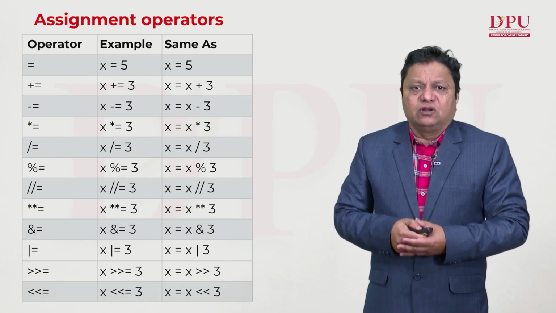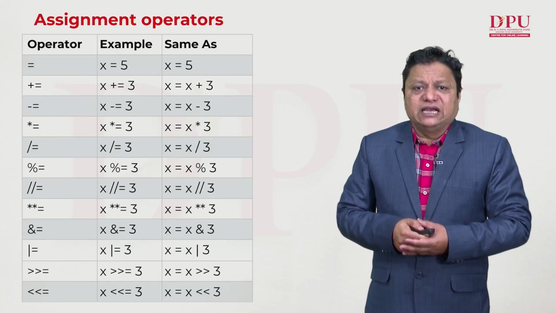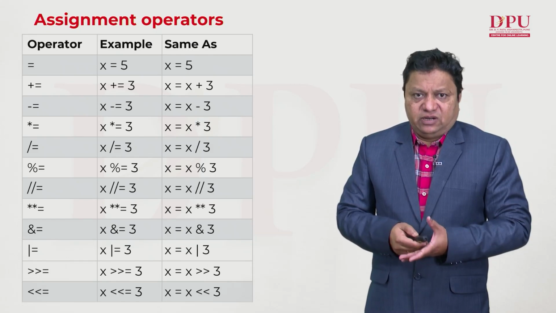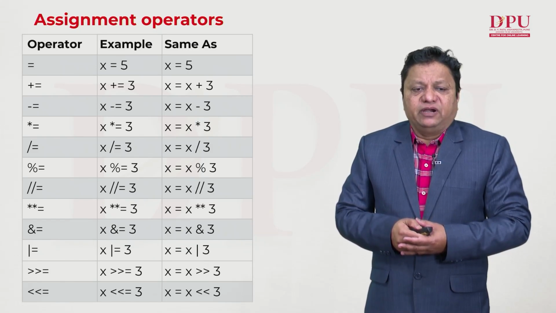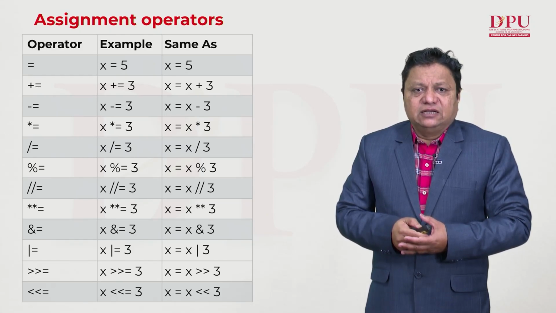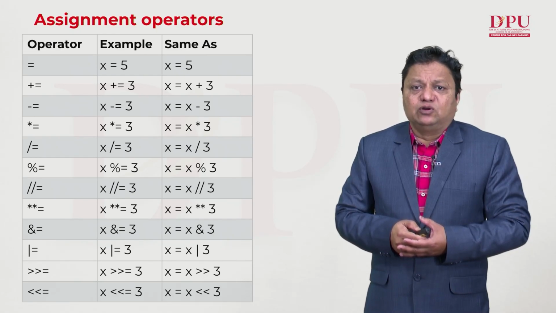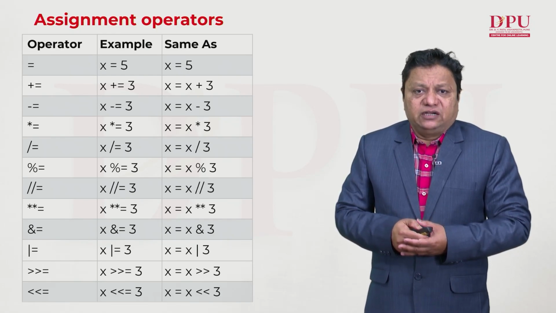In the first column you can see the equal to sign, which is used to assign a value to a variable. And again, you can see the operator plus equal to, which is the same as x equals x plus 3. If I write x plus equal to 3, I can also write x equals x plus 3.